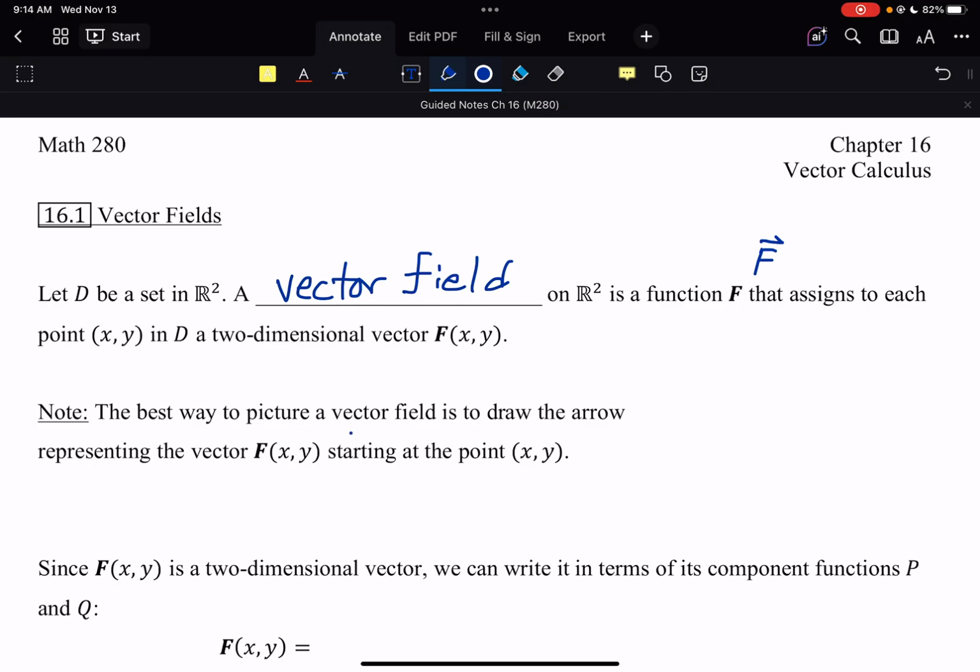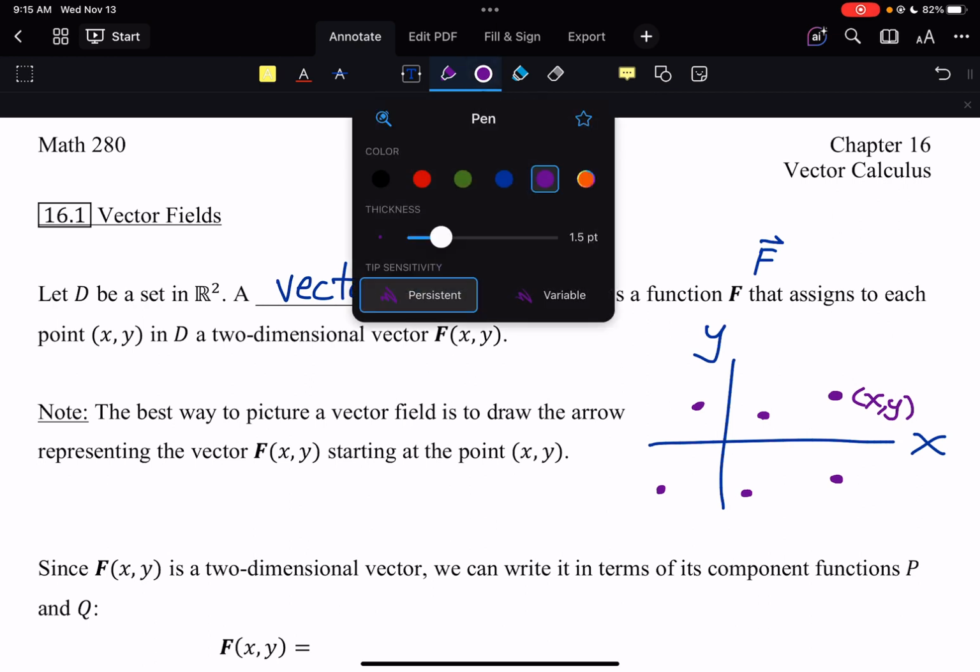So the best way to picture a vector field is to draw the arrow representing the vector F(x, y) starting at the point (x, y). So if we have, here's the xy plane, we have just some random points throughout the plane here. So these would be the points (x, y).